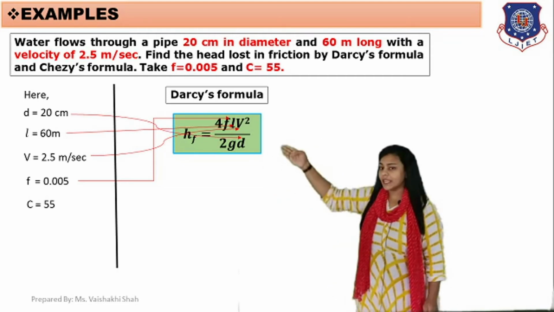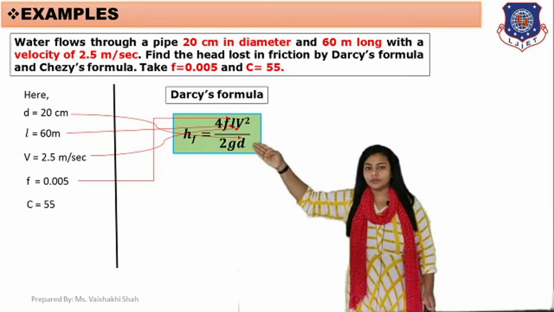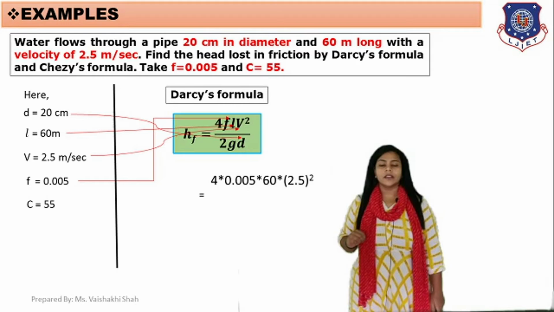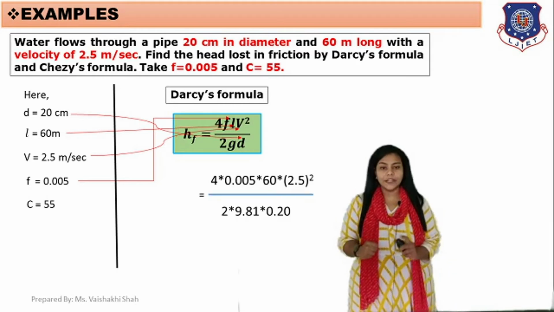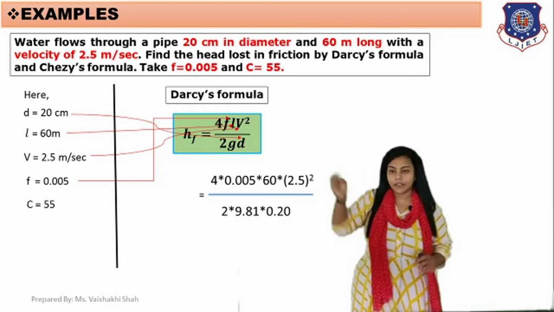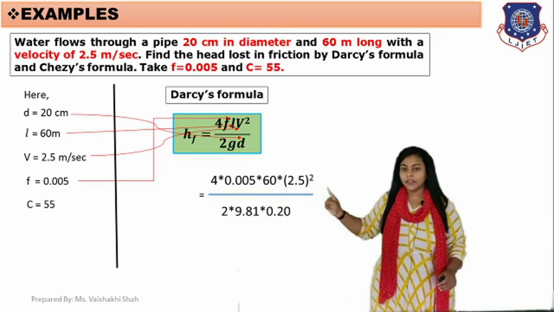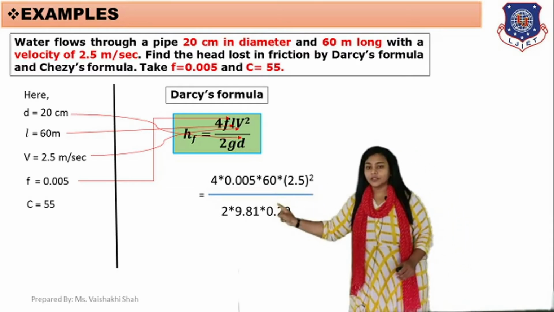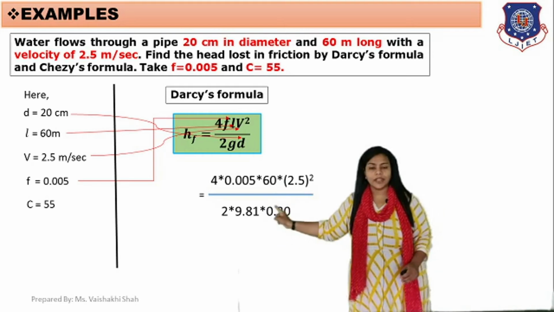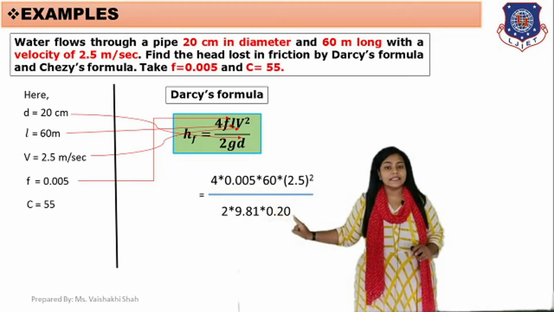If we place all these values into 4FLV² by 2GD, these are your values: 4 into 0.005, which is your F, 60 that is your L, 2.5 that is your V, divided by 2G, that is 9.81, acceleration due to gravity, and D, that is diameter.